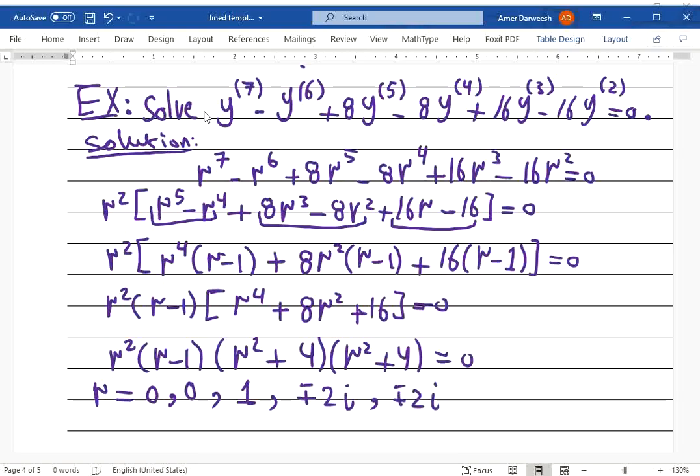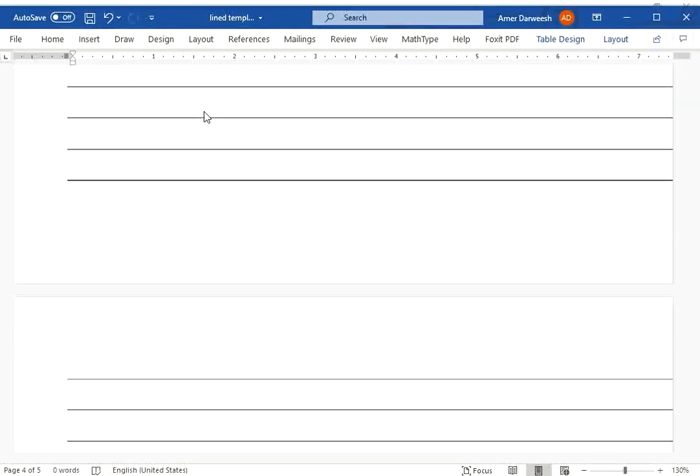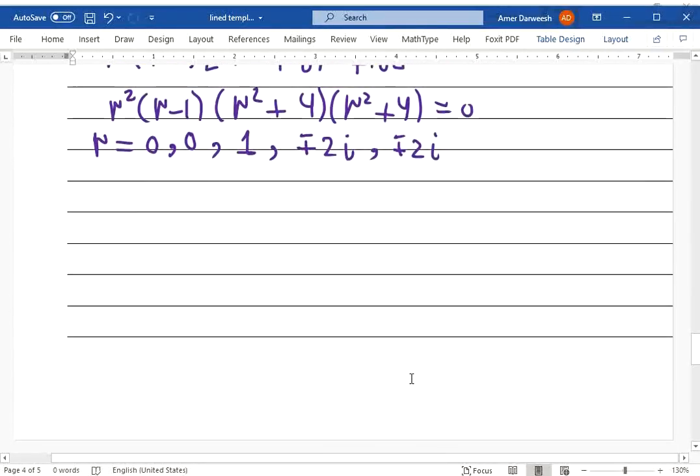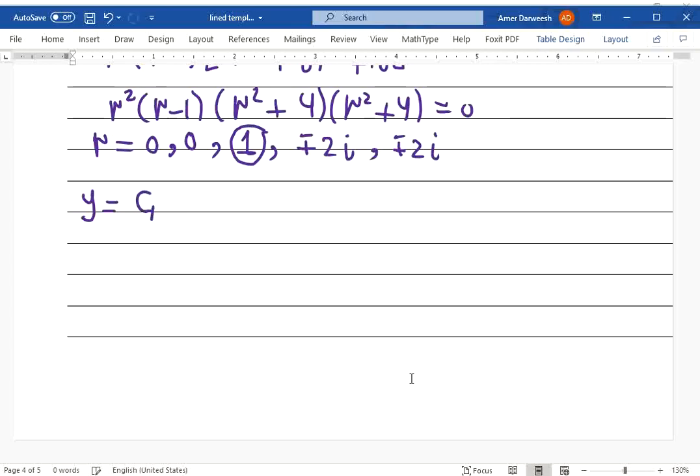So we apply now the 3 rules that we have seen before. So y equals, the first rule for this term, distinct real, so it is c1 e to the 1t, plus, now I have 2 repeated roots, 0, 0, so I have c2 times e to the power 0 plus c3 t times e to the power 0.